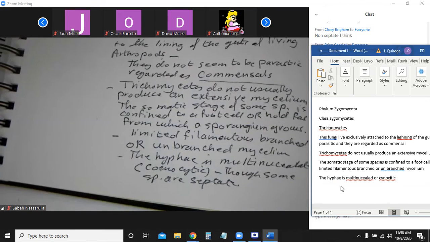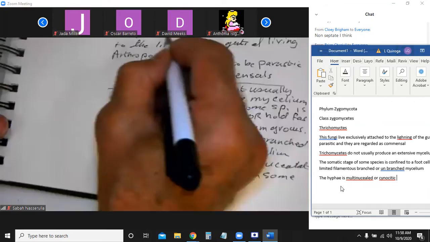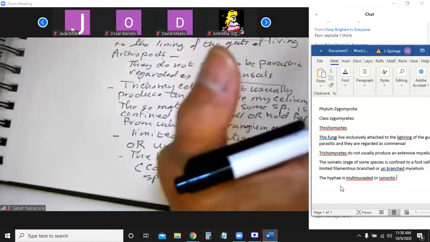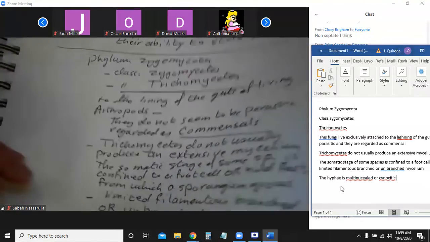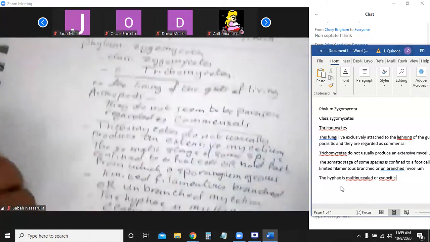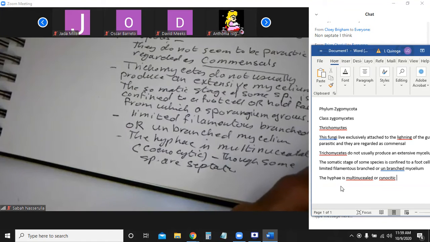Now, in this class, of course, we have orders, but most of these orders are based on the asexual type of reproduction. There are three orders in the class Trichomycetes.